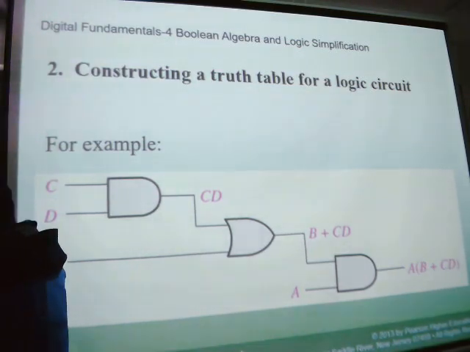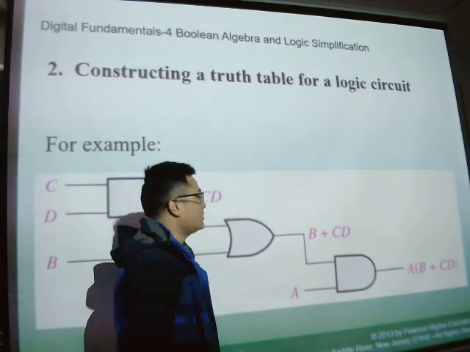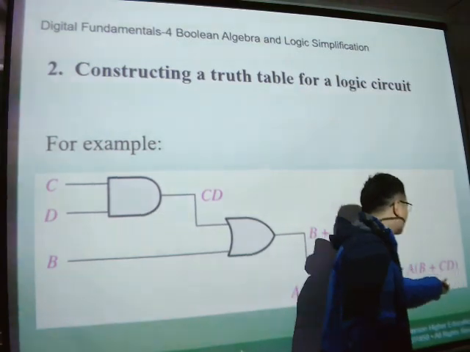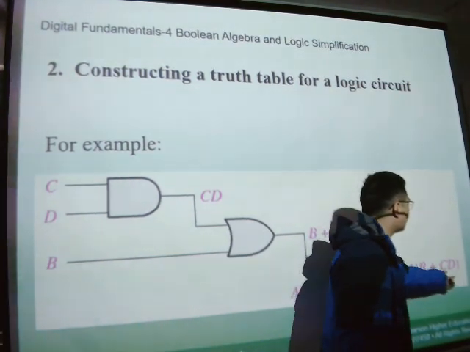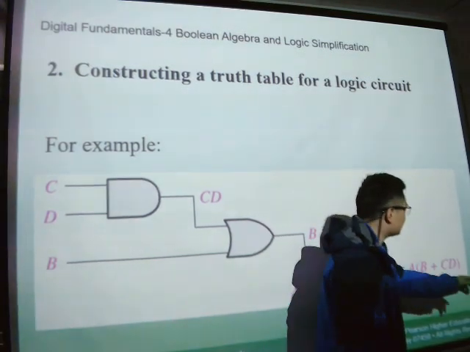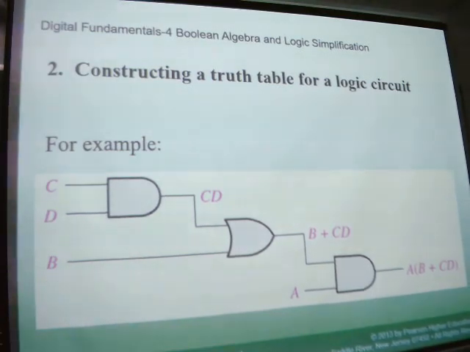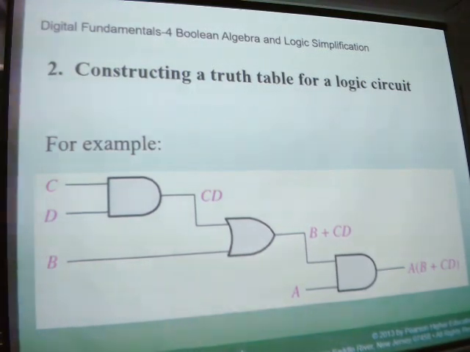Right. A equals 1. So we only need to decide what is the value of this expression, B plus C and D. So 0 plus 0 and 0 equals 0. So the answer is 0.